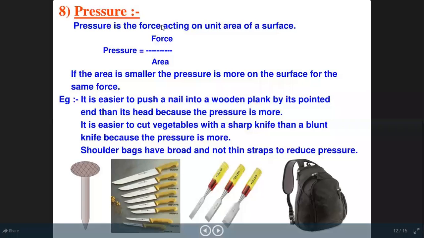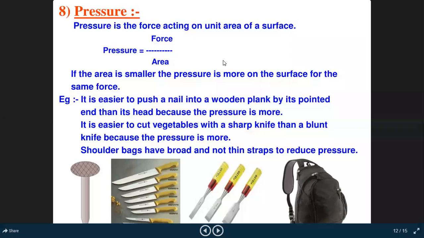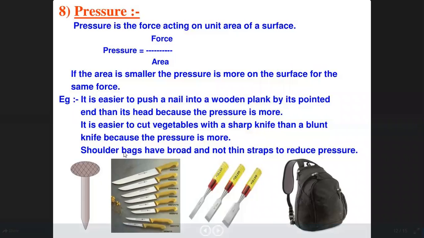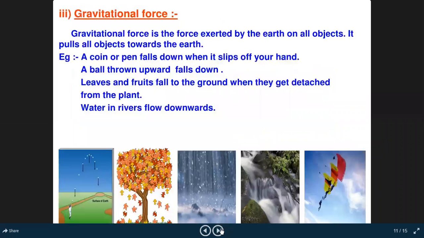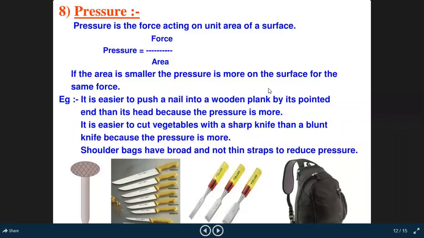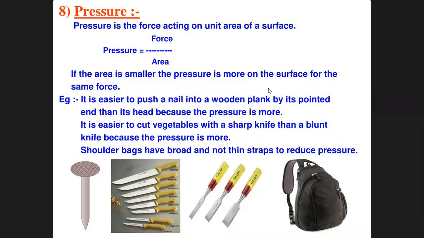So on this relation between pressure, force and area, there are a number of questions. Like you can see in the picture, the nail is there. At the tip of the nail, you can see that it is very sharpened, right?